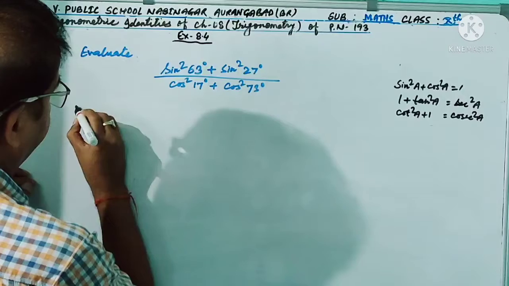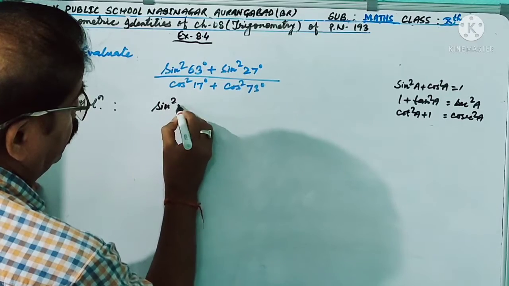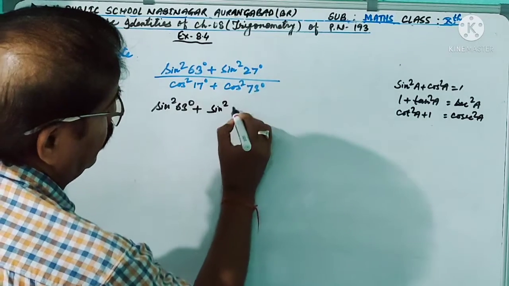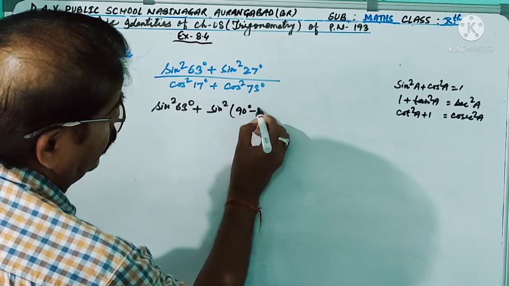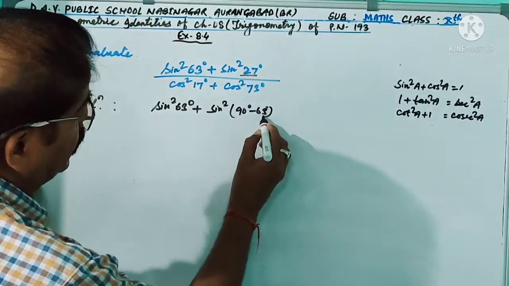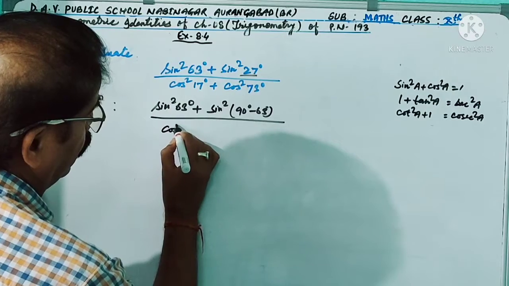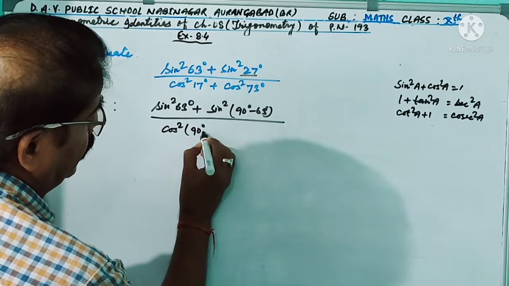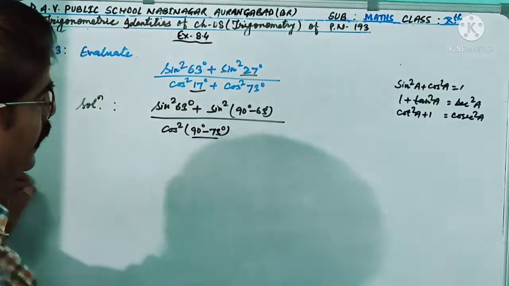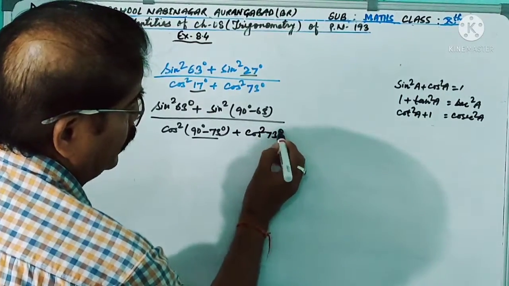Dear friends, sin square 63 degree plus sin square 27 degree, where 27 equal to 90 minus 63, divided by cos square 17 degree, where 17 equal to 90 degree minus 73 degree, plus cos square 73 degree.